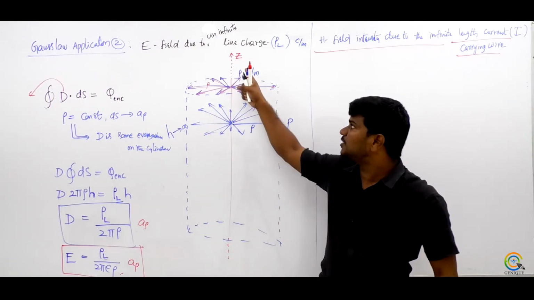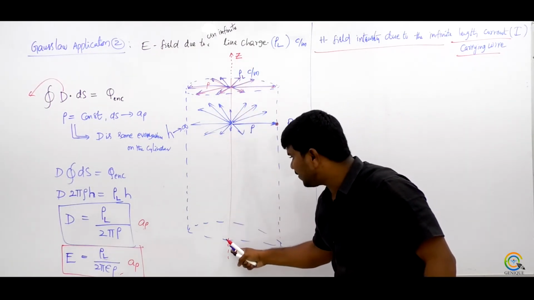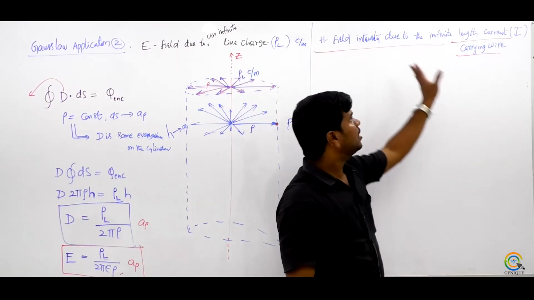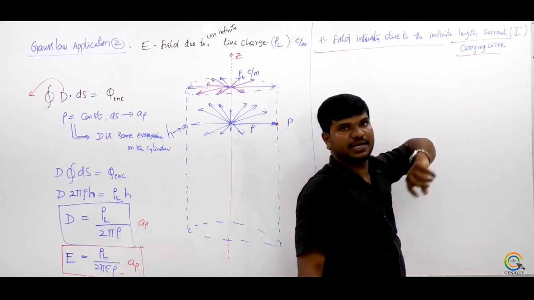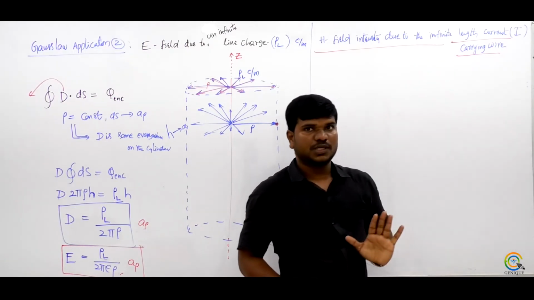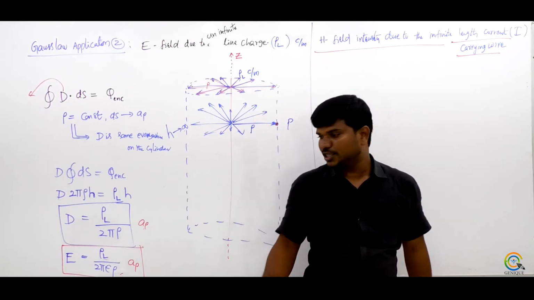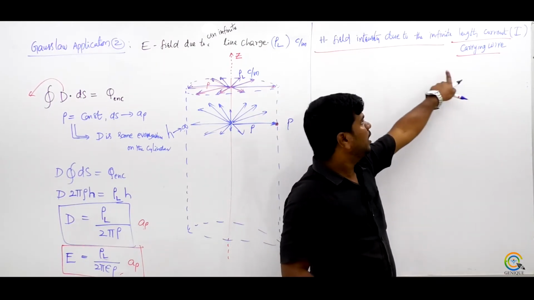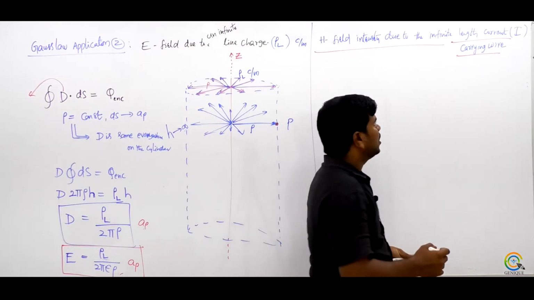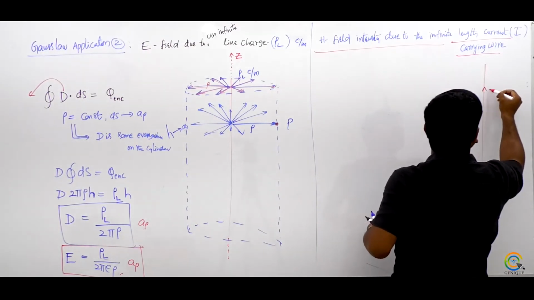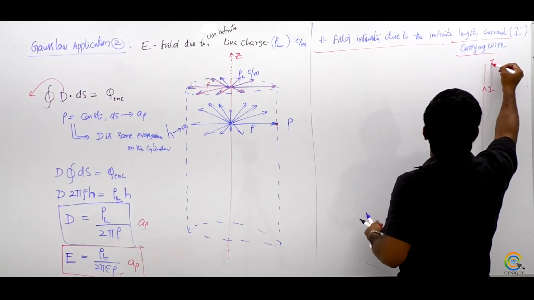Observe this: the charge is accumulated on this line, but here the charge is moving on the infinite line. When there is an accumulation, the electric field exists, there is no flow. Here the flow exists. So similarly, you can assume a current carrying wire I on the Z axis.